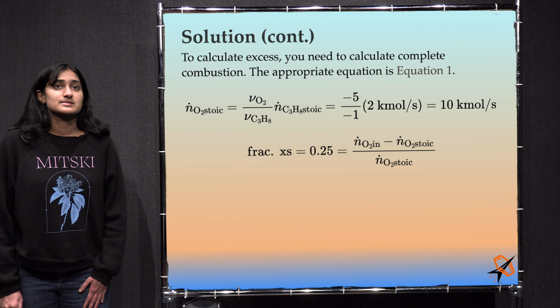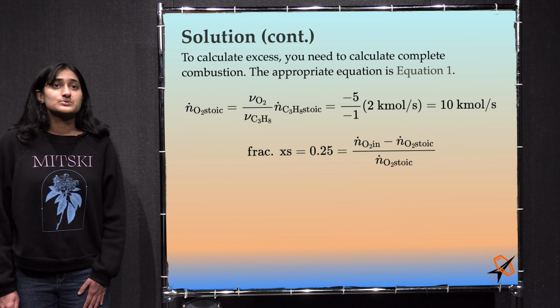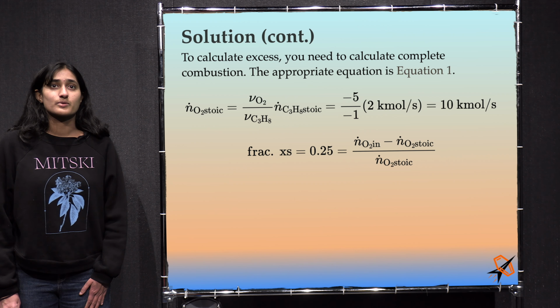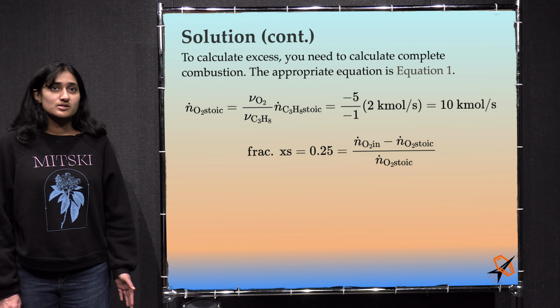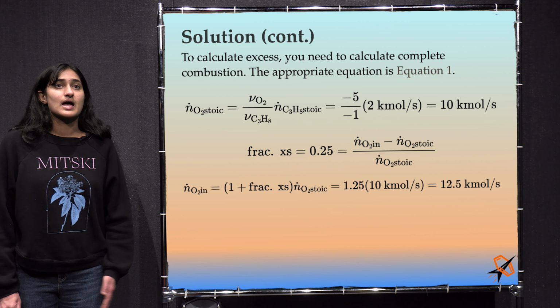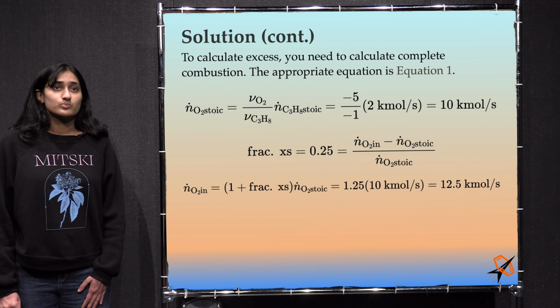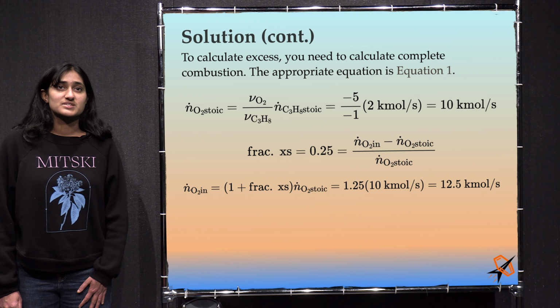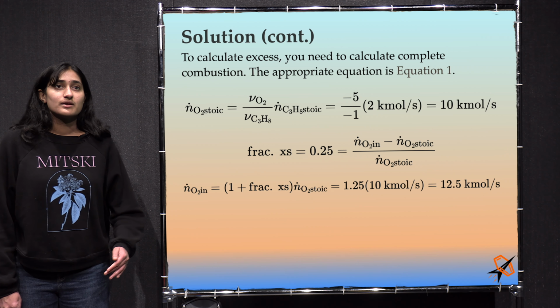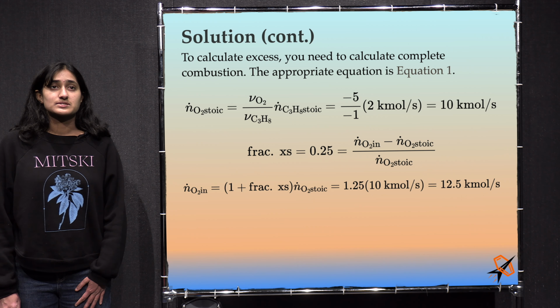The fraction excess is 25%, which is equal to the oxygen in minus the stoichiometric or theoretical oxygen over the theoretical oxygen. Rearranging, we get that the total oxygen in is going to be 1 plus the fractional excess times the stoichiometric oxygen, which is 1.25 times 10 kmols per second, or 12.5 kmols per second. That is the flow rate in of oxygen for either set of equations.